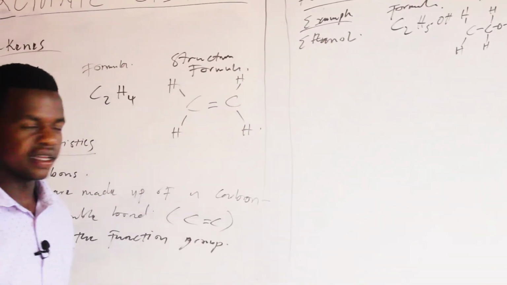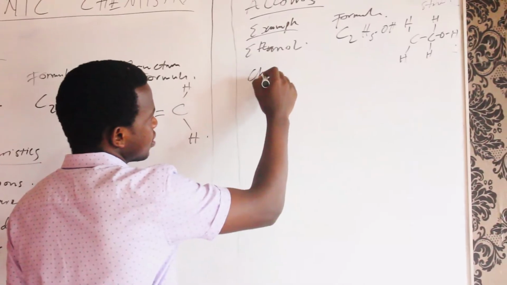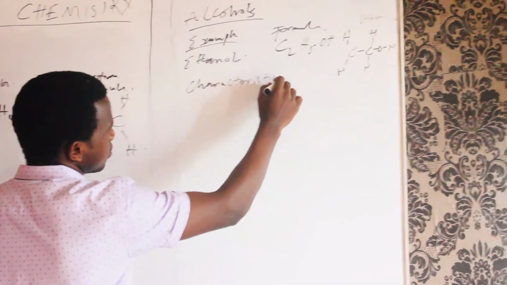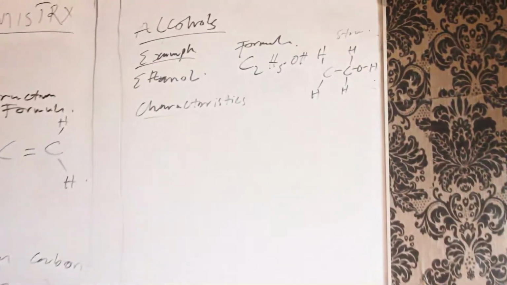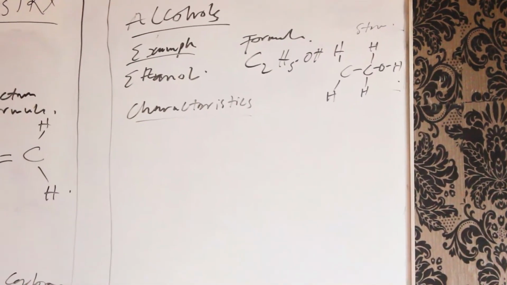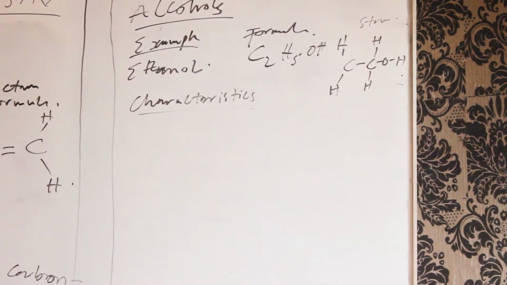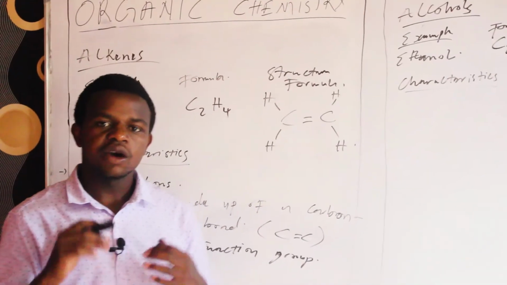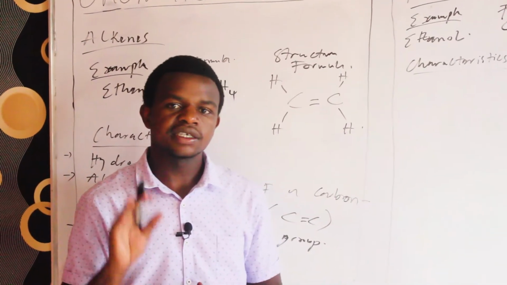Let us now look at the characteristics. So the first characteristic that we can say there is that the alcohols are like the alkanes, but the only difference is that they contain the OH group.